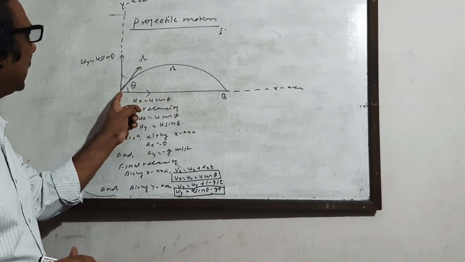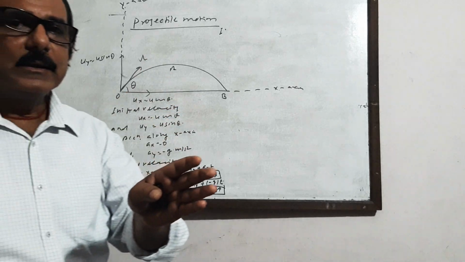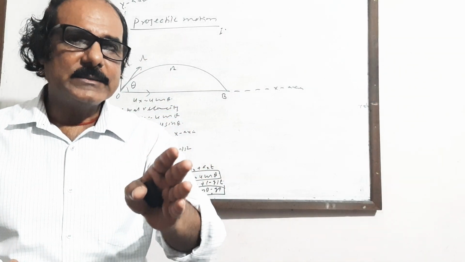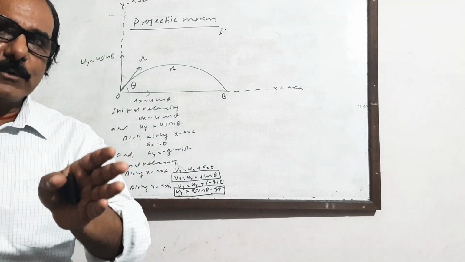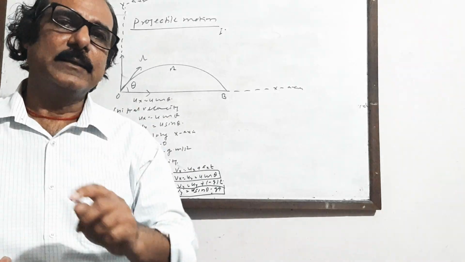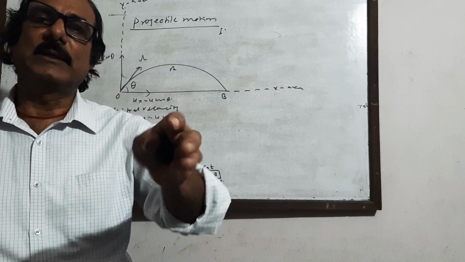So the time taken by the projectile to reach the maximum height is numerically half of the time of flight. You can say that the time of ascent plus the time of descent is equal to the time of flight.